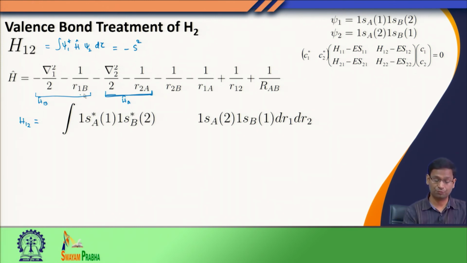Since we have taken care of R1b and R2a, the other two electron-nuclear interactions are going to be R2b and R1a. So, let us consider first this term, minus 1 over R2b. This operator will have explicit dependence on electron number 2. So, for example, I can now separate the integral corresponding to electron number 1.